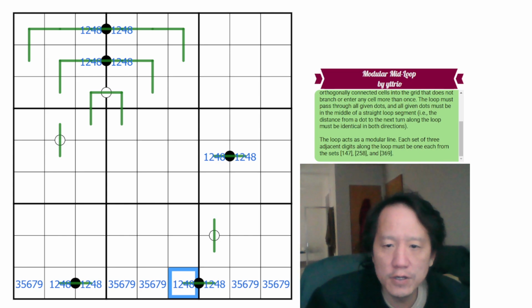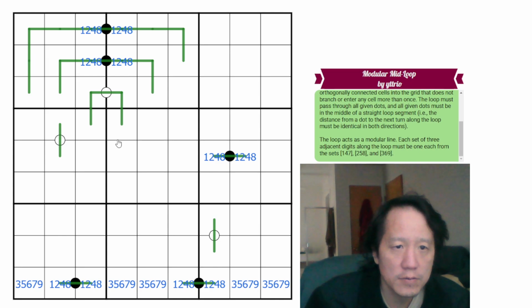Oh, this one must continue down, at least. This one could go like that. That's fine. But we know this one continues down. It could connect that way. So either way, this connects this way or it connects here. It has to connect to one of those two.